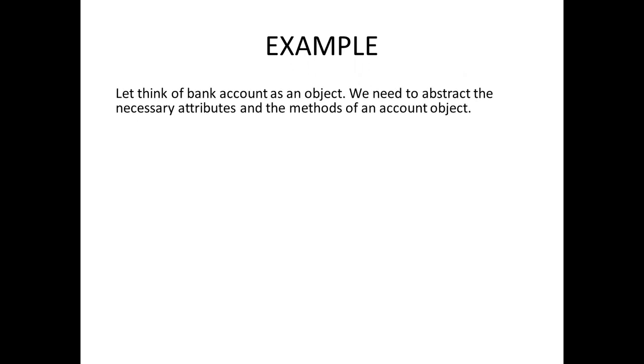So let's look at an example. Let's think about a bank account as an object. If we think of a bank account as an object, we need to abstract the necessary attributes and the methods of an account object. In object-oriented programming, everything is an object.